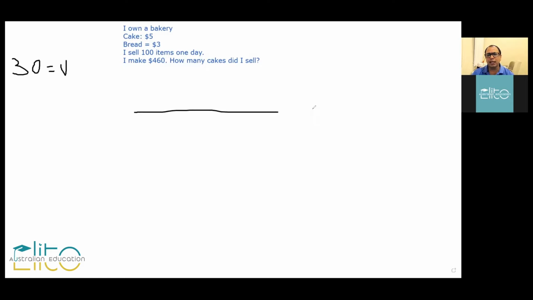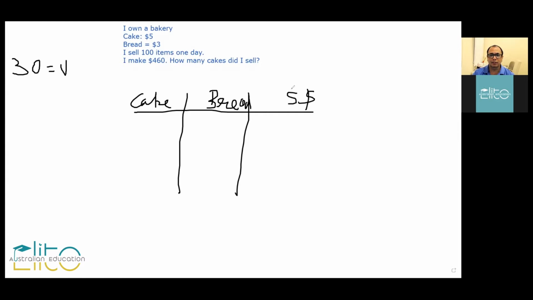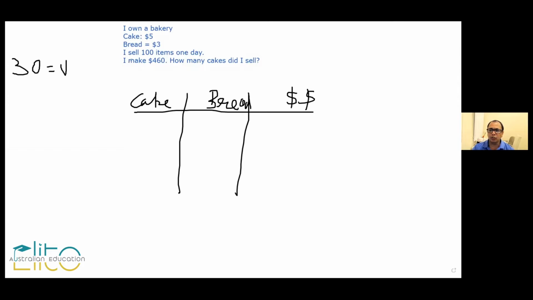So what I do is I make a table. I put cakes here. I put bread here. And I put dollars here. I don't know how many cakes I sold. We have a raised hand from Catherine.